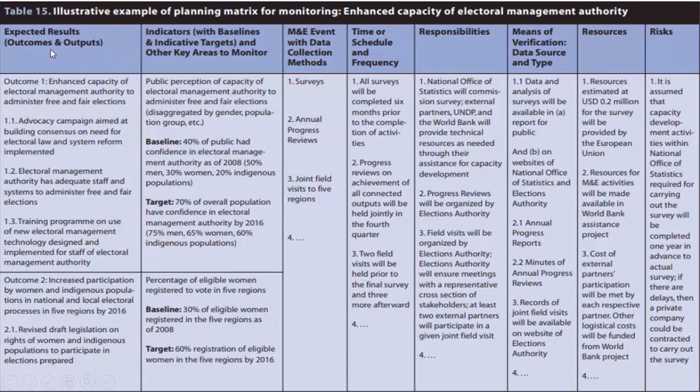You start with the expected results, the indicators, the M&D data collection methods, time schedule, responsibilities, means of verification, resources, and risks. Once you do that, then you're home and dry.